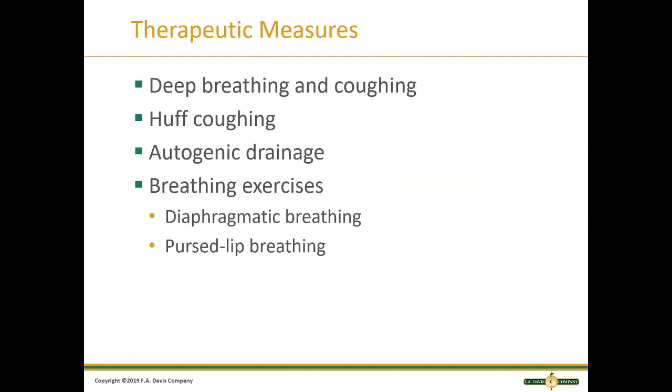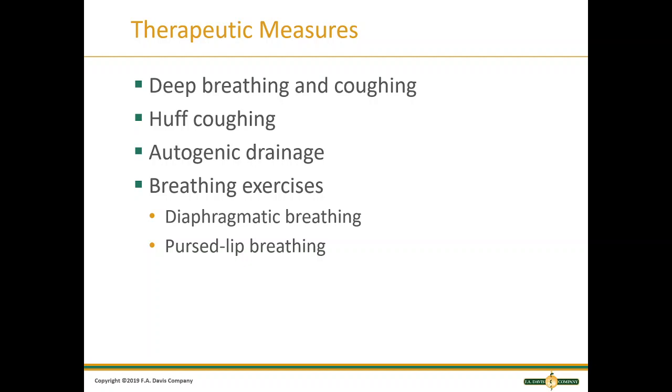These are other things that we want to help for prophylactically not getting pneumonia: deep breathing and coughing. Let's see where we're at here on huff coughing. This is for patients with chronic COPD.